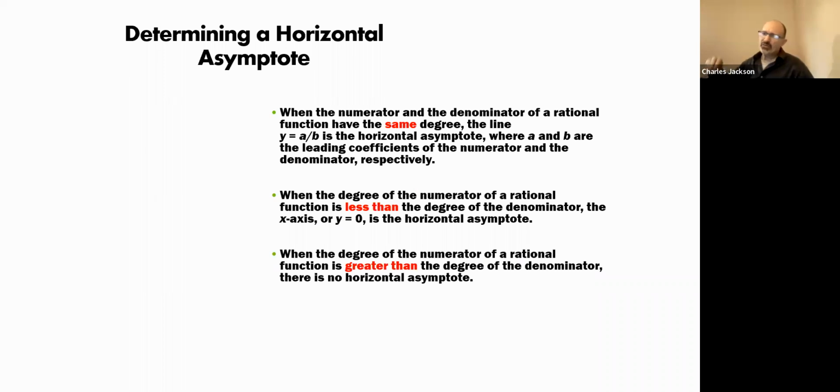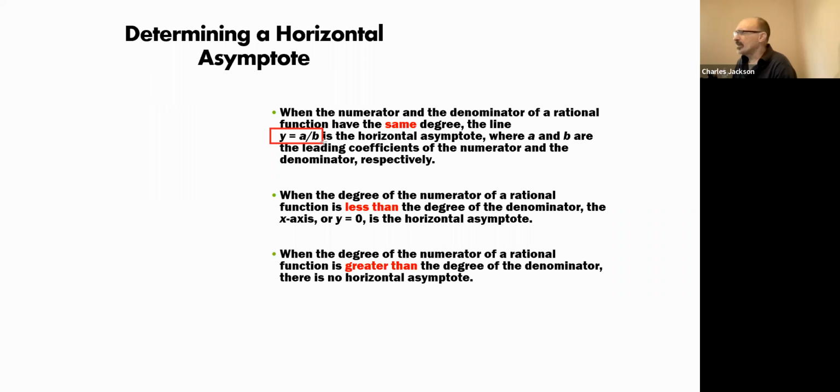If the highest power on x, say third degree, is the same as the highest power of x on the bottom, then there is a horizontal asymptote, and it's y equals the ratio of the lead coefficients. So it's just a number, but it's probably not going to be 0.